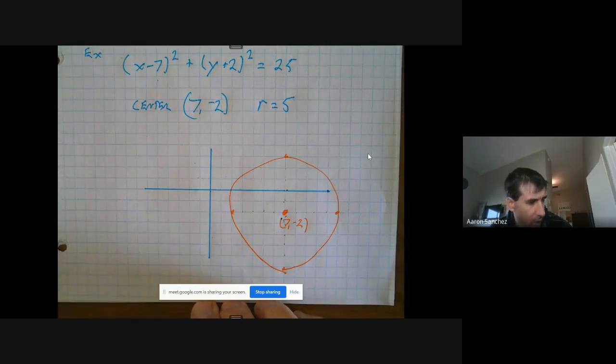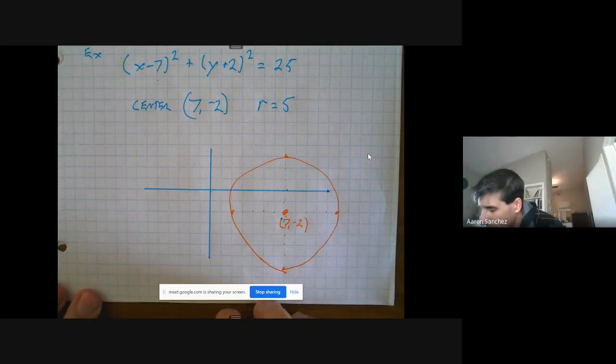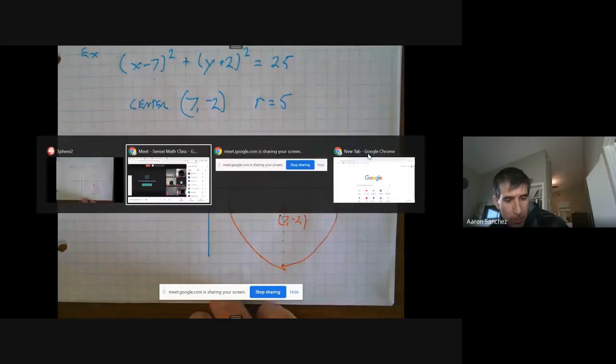Ugly circle. All right, are there any questions? I'm going to get rid of this in 5 seconds. 4, 3. Anyone need it? 2, 1. Okay, let's look at the problems here.